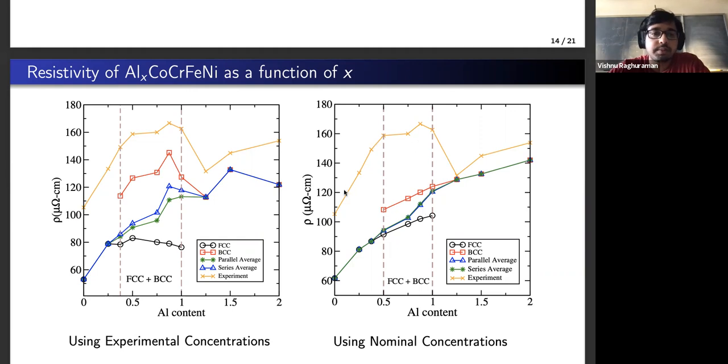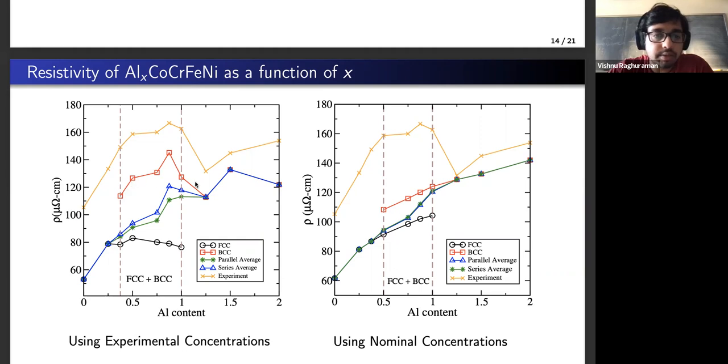But if you take the experimental concentrations for the FCC and BCC, since the aluminum concentration remains pretty much constant in the FCC phase even when you add more aluminum to the system, the resistivity of the FCC phase doesn't change that much. It's a slight decrease, but it mostly stays nearly constant.